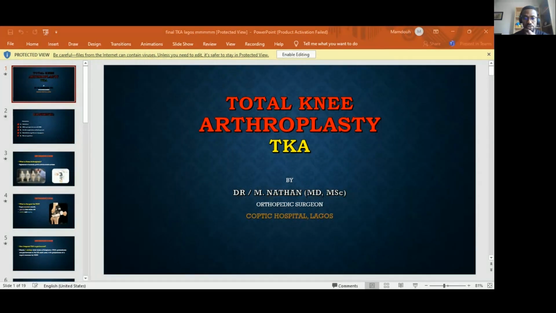If you could just have your slides on slide share. Is it now shared? If you click on the slideshow icon.